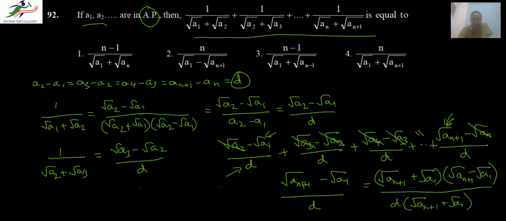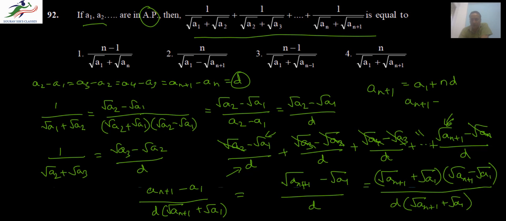So that means this would become a(n+1) minus a1 by d into root a(n+1) plus root a1, and we know that a(n+1) is the (n+1)th term in the series, so this will be the first term plus n times the common difference. So therefore a(n+1) minus a1 is n into d, and we'll put this value in the numerator.